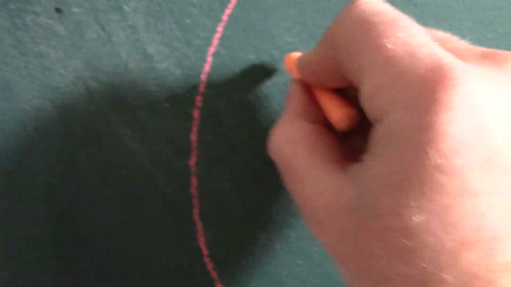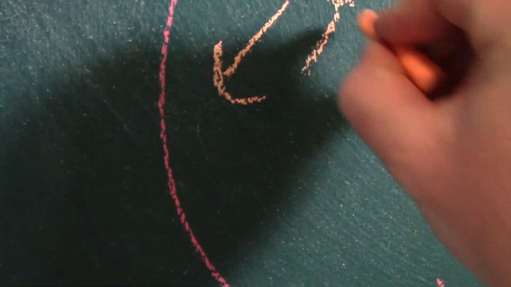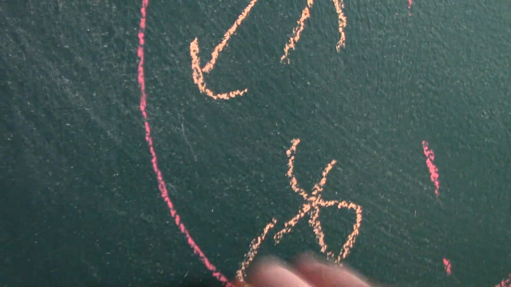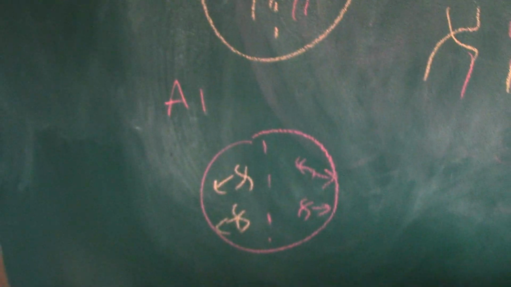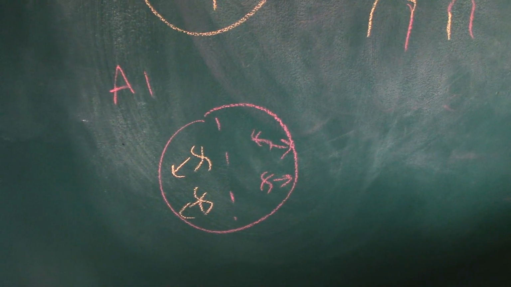Okay, and then one homologous pair gets pulled this way. Okay, so the homologous pairs separate. And that is not what happens in anaphase of mitosis.